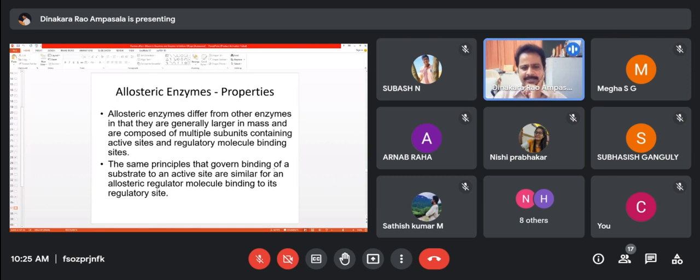These are the properties. Allosteric enzymes differ from other enzymes in that they are generally larger in mass and are composed of multiple subunits containing active sites and regulatory molecule binding sites. When you compare with normal enzymes, they may not have that kind of complexity. Allosteric enzymes are very large, multi-subunit proteins; they have active sites and allosteric regulatory binding sites.